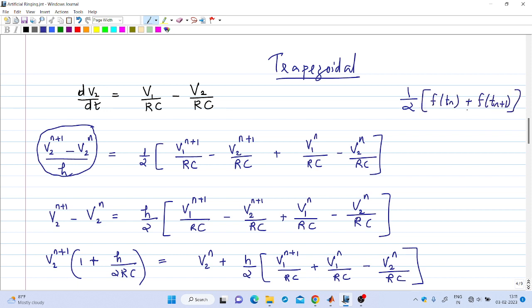This is the formula for the right hand side. So half into the right hand side evaluated at tn plus 1 is written here, then plus the right hand side evaluated at tn. If you rearrange this lengthy expression, you will get an expression for V2n plus 1.